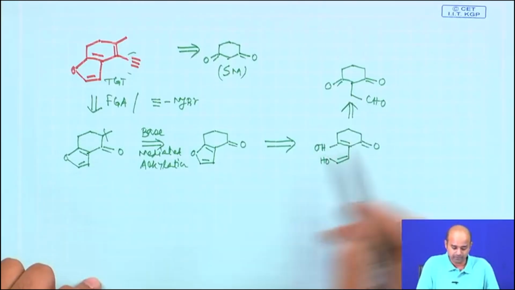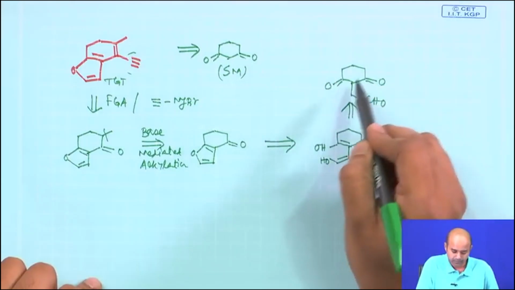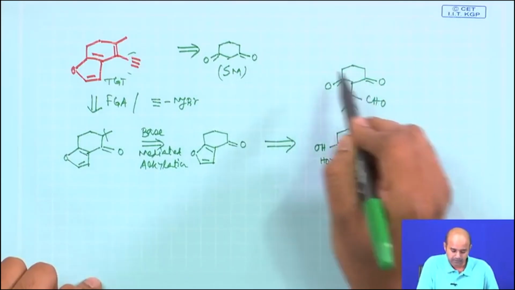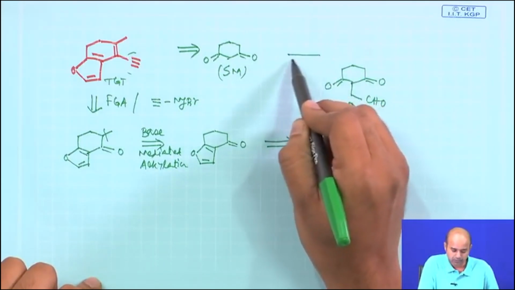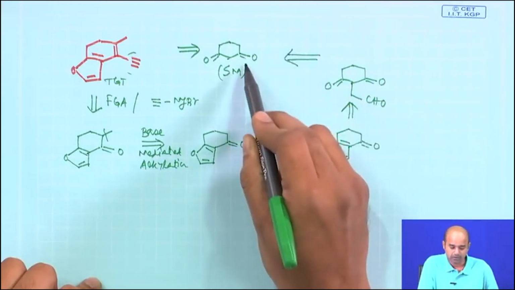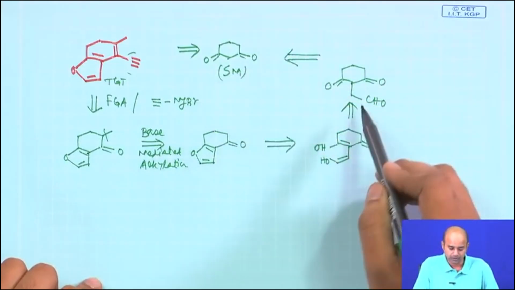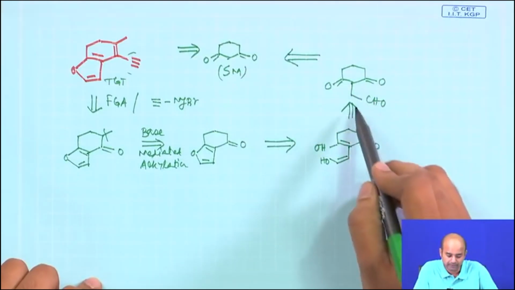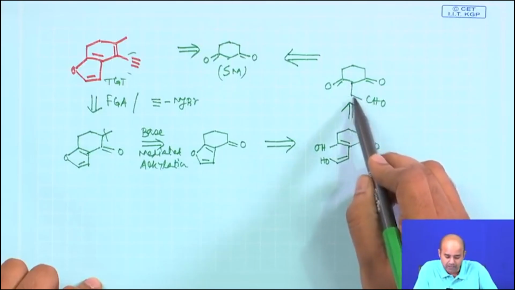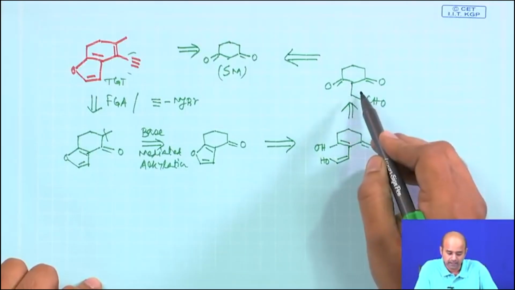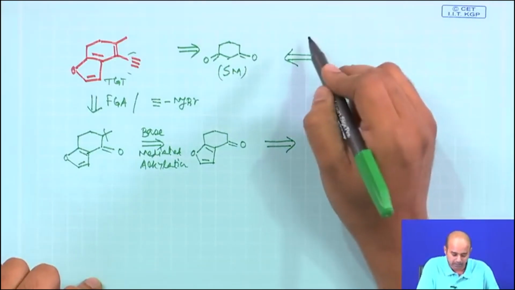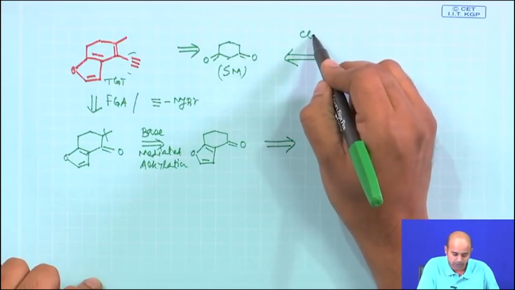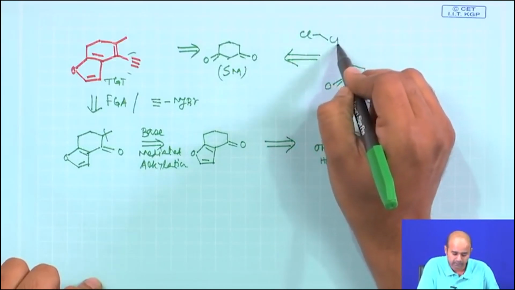This intermediate can be correlated back to the original starting material given to you. The only thing is you need to introduce a hanging CH2CH2 group, which can be introduced by chloroacetaldehyde as an electrophile.